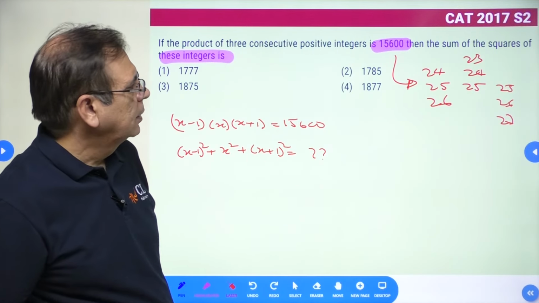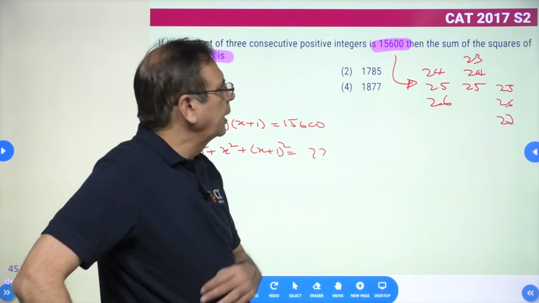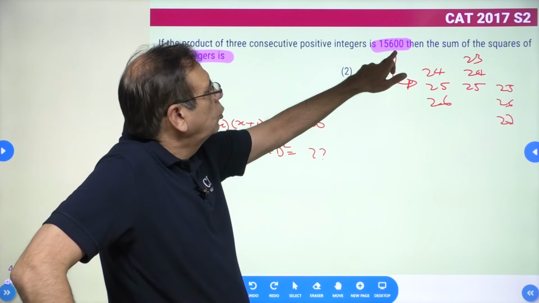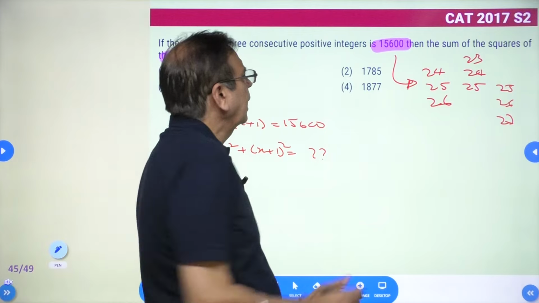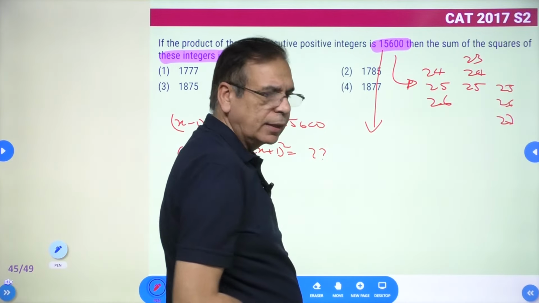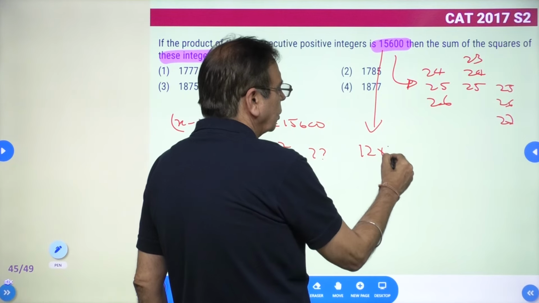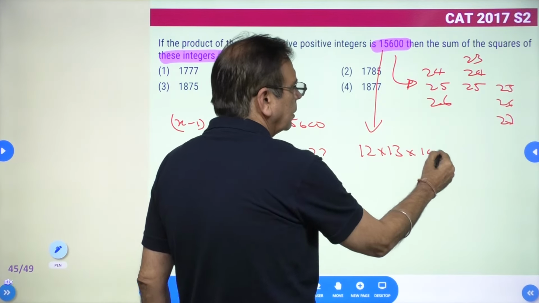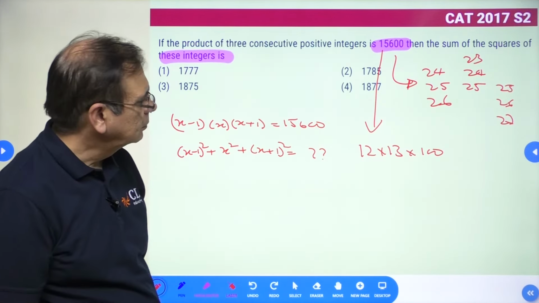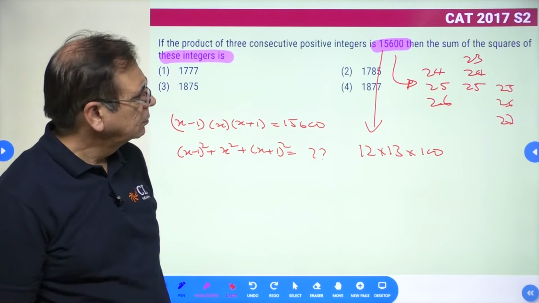Now please look at these numbers again. It has got two zeros. Another way to look at this question: 156 is nothing but 12 into 13, into 100. Factorize.